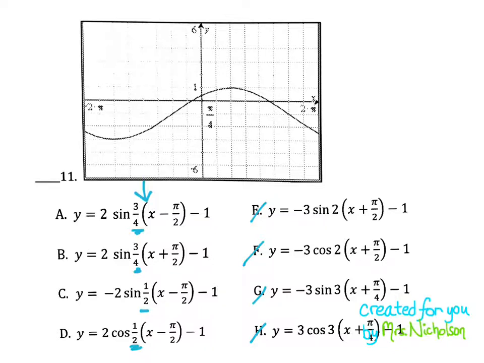So again, I'm going to mark the middle line just because I think that helps orient the graph. I have an amplitude of 2, but it looks like all of my equations have amplitudes of 2, so that doesn't help. I really do need to figure out what the period is here. Now this one, it looks like we can't even see a full cycle here.